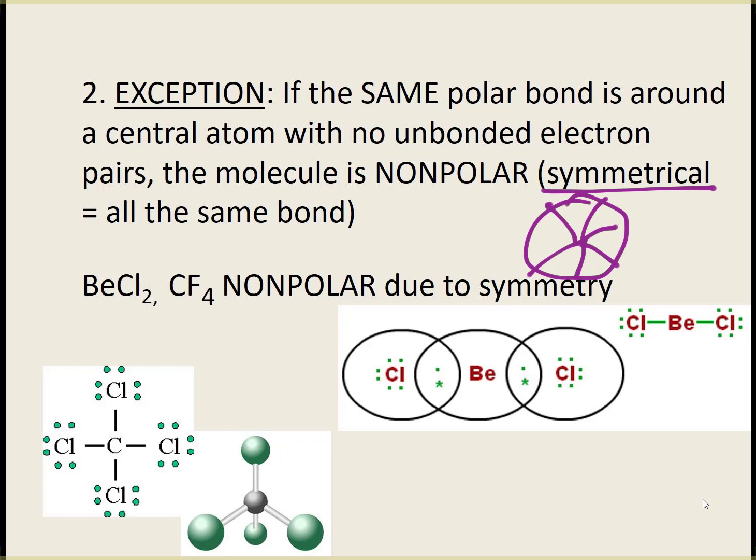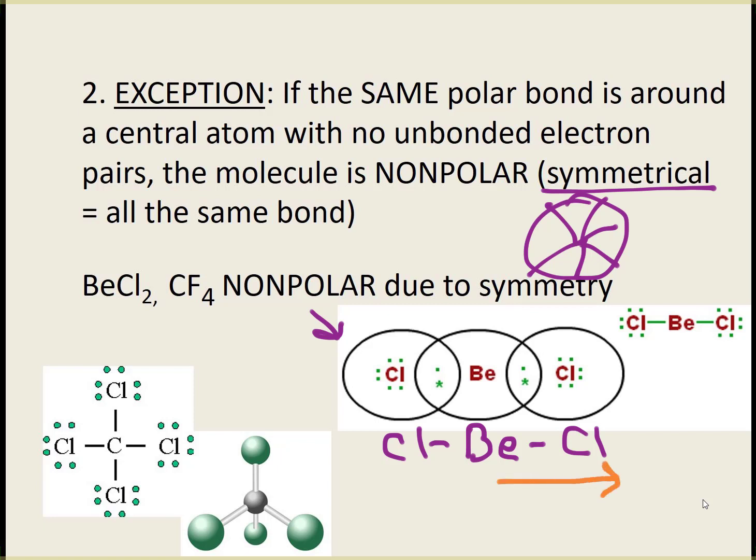Let's look at our first molecule right here. This is beryllium chloride. Notice that beryllium has two bonds coming out from it, a chlorine on each side, and it is the same bond coming out of that beryllium. Chlorine, looking at the periodic table, is close to fluorine, and so chlorine has a greater electronegativity.